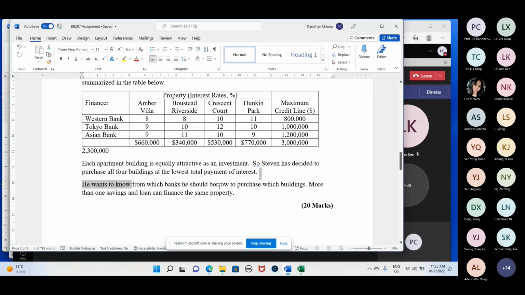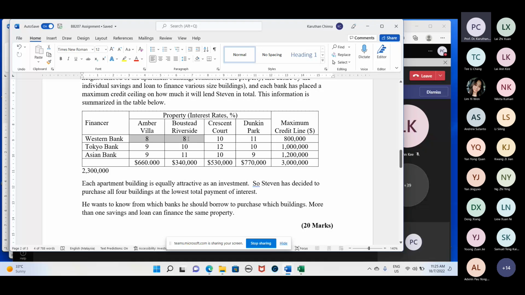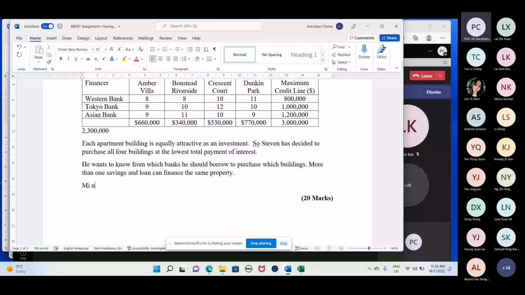Different banks have different interests, isn't it? Different bank, different property, different interests. All are willing to give the maximum loan. But now you need to know which bank to take the loan from so that the interest will be minimized. So this transportation model is to minimize the total interest. That's the objective.